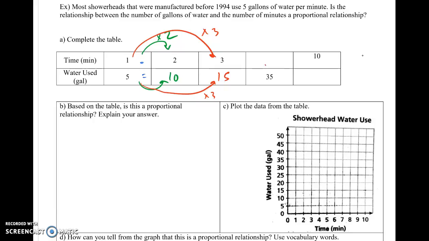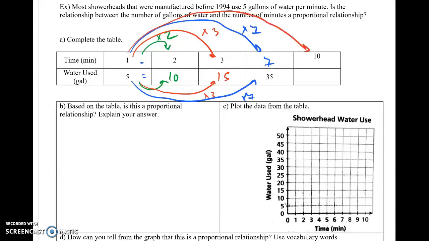Now, 1 times blank, we don't know what that's going to be, so we have to use the other number on the bottom. 5 times 7 gives us 35. Therefore, 1 times 7 gives us 7. 1 times 10 gives us 10. And finally, 5 times 10 gives us 50.